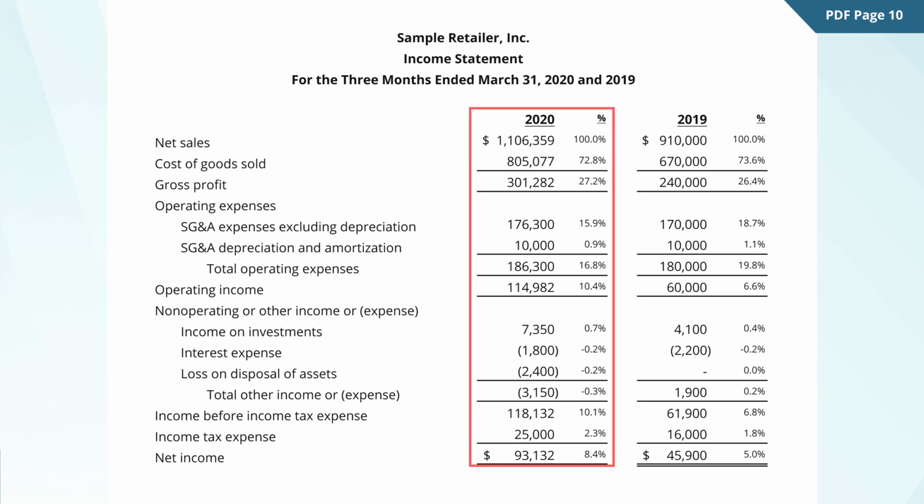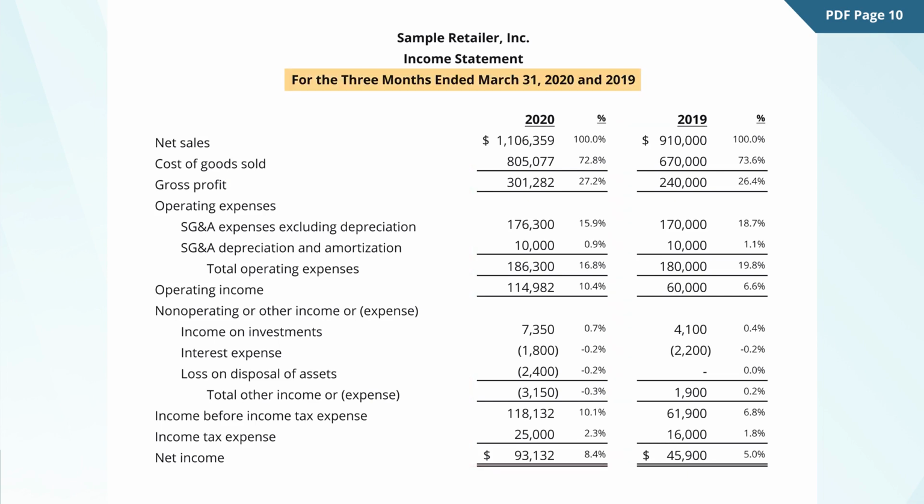Let's focus on the column, and of course our heading says for the 3 months ended March 31st. So it's really not the full year, it's going to be the 3 months ending March 31st. And we see the sales there were $1,106,000, and then next to it we show the percentage. And that percentage is the result of taking $1,106,000 and dividing it by $1,106,000.